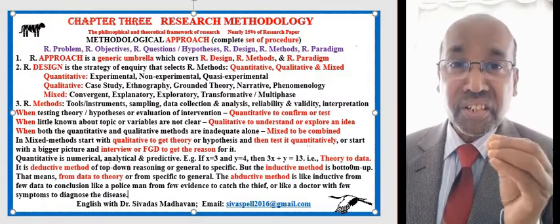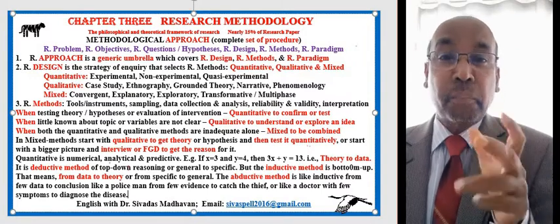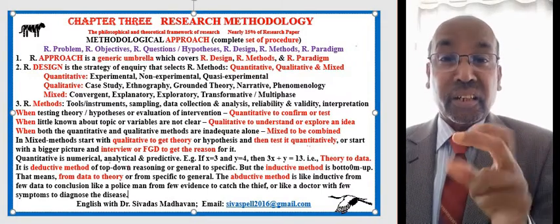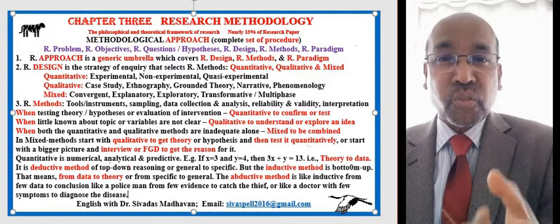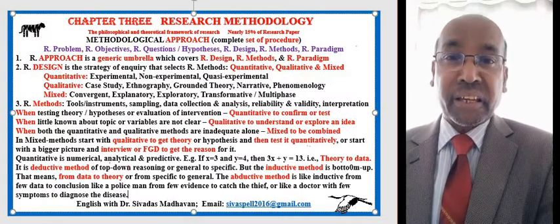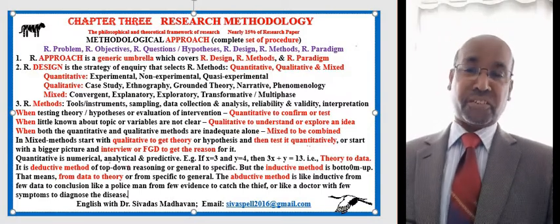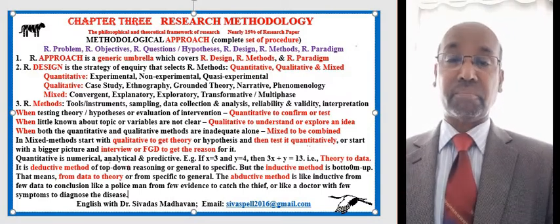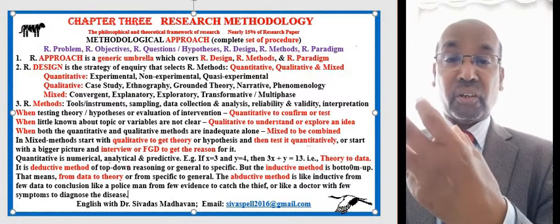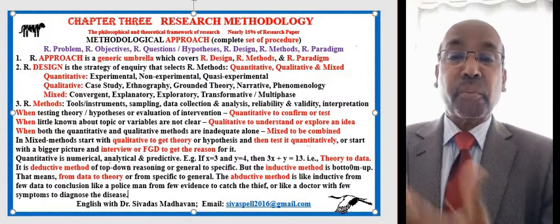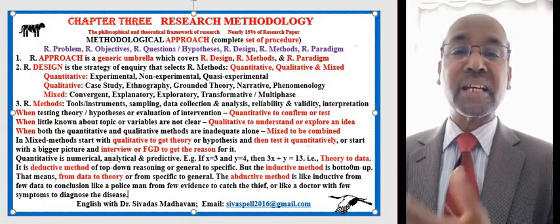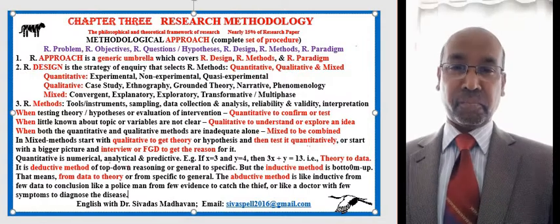So research design is the blueprint, or design is the strategy to select the research type like qualitative research, quantitative research, or mixed method. So qualitative research is the human experience, the views, ideas, opinions, etc.